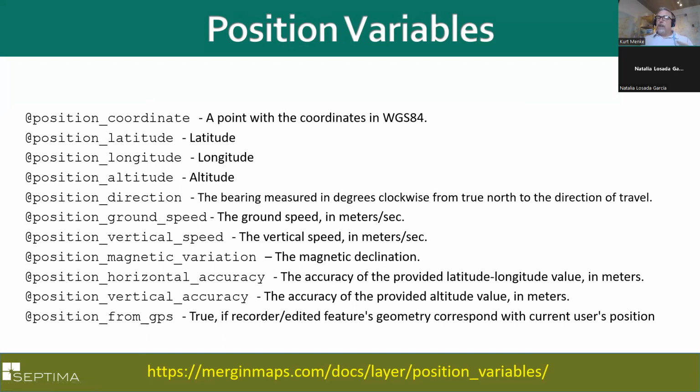And QGIS doesn't recognize these, but Input, which is writing the data, does. So you can use these as default values for different fields. So there's a lot of nice ones: latitude, longitude, altitude, direction, ground speed, horizontal and vertical accuracy. So all of these could be used to add extra columns with default values to collect that kind of data.